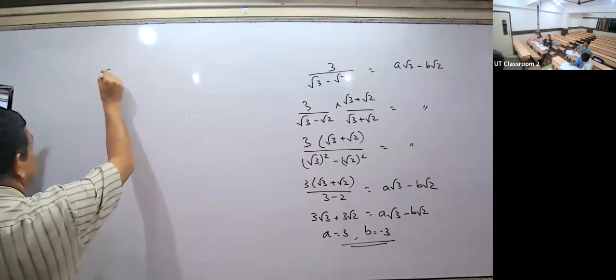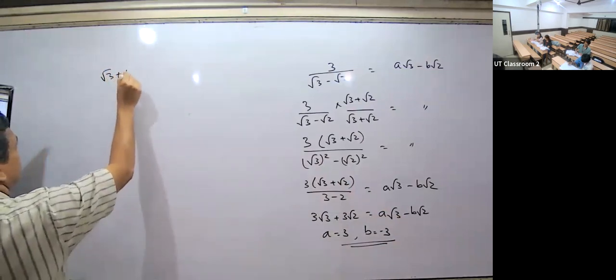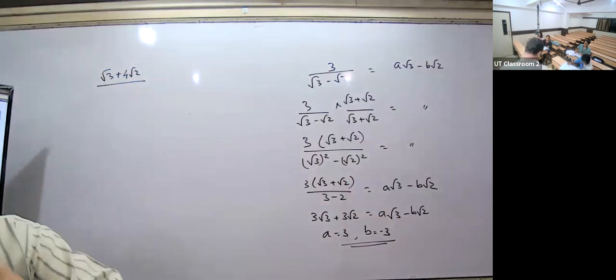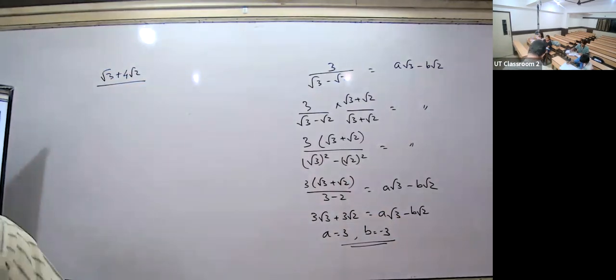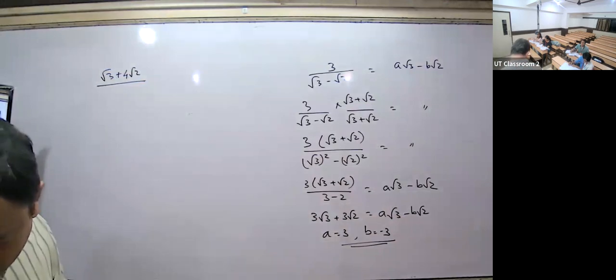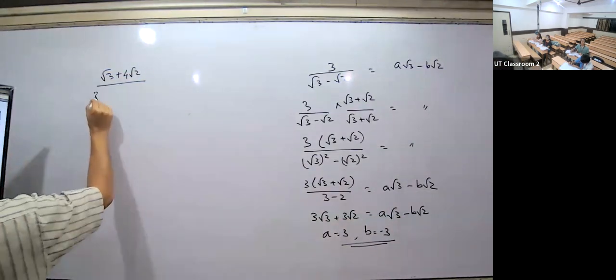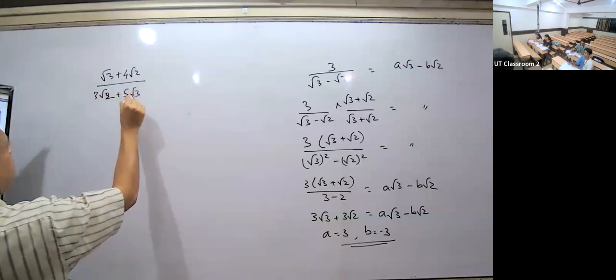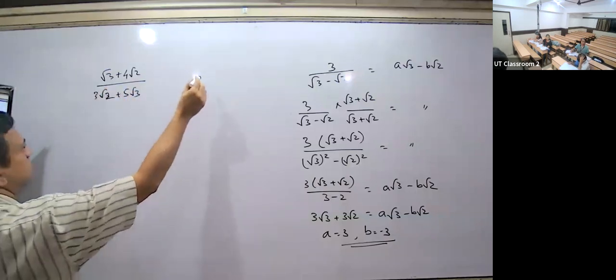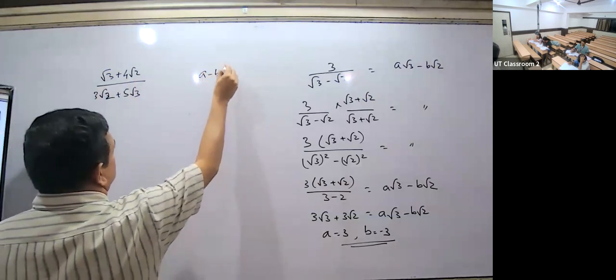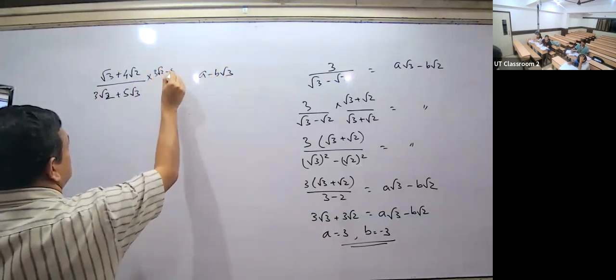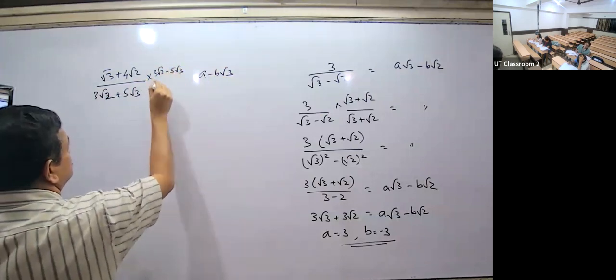Root 3 plus 4 root 2 upon... What is the denominator? The denominator is 3 root 2 plus 5 root 3, which is equal to A minus B root 3. So rationalize: 3 root 2 minus 5 root 3.